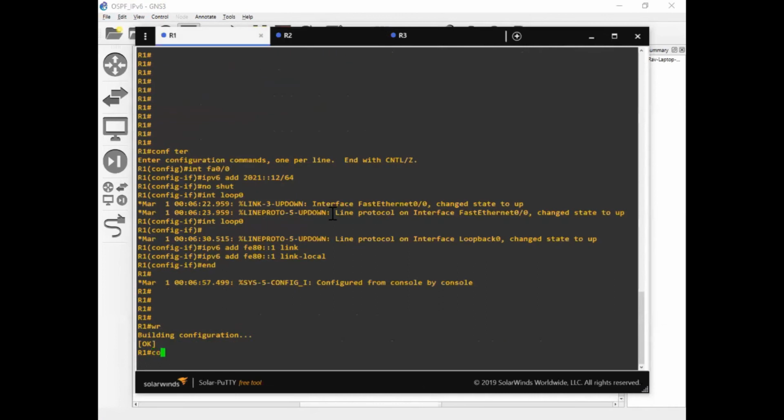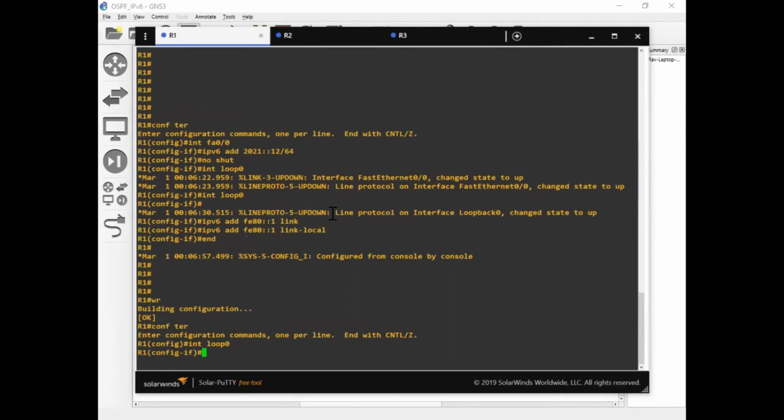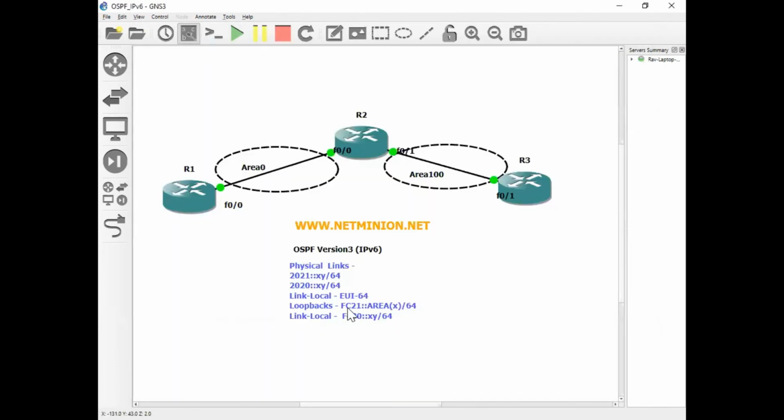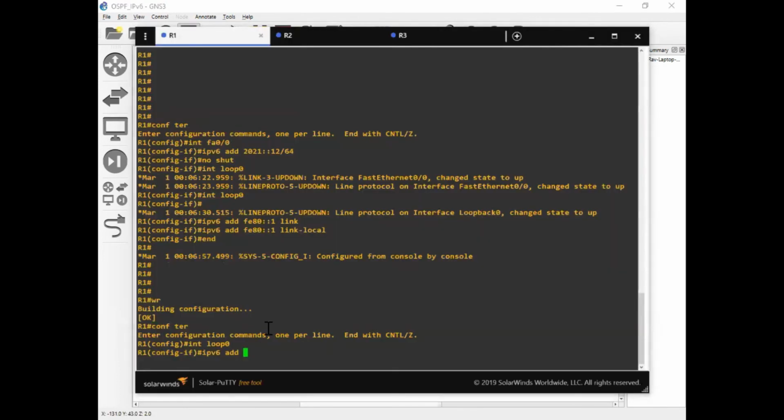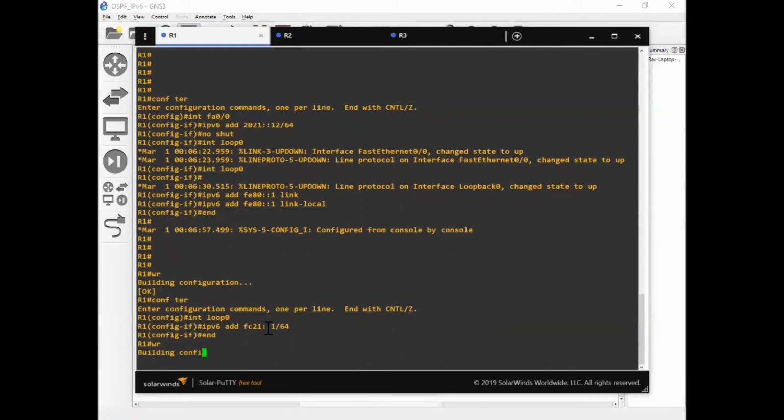So conf t, interface loopback 0, IPv6 address, FC21. So I can say FC21 and the area is 0, router is 1/64. That's it. And WR.